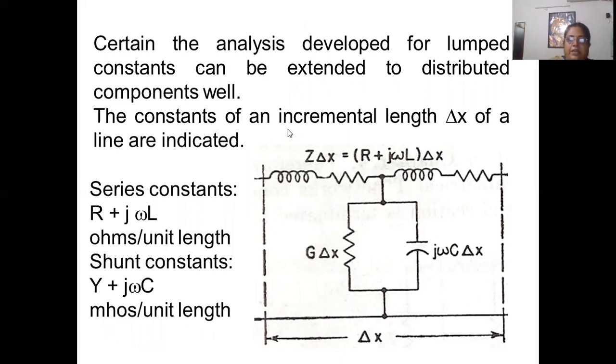Here, we have taken the constants of an incremental length, that is del x, of the line, indicated as series constants. Here we have taken the series elements, inductor and resistance, and the shunt components, taken as G plus j omega C, or the admittance.